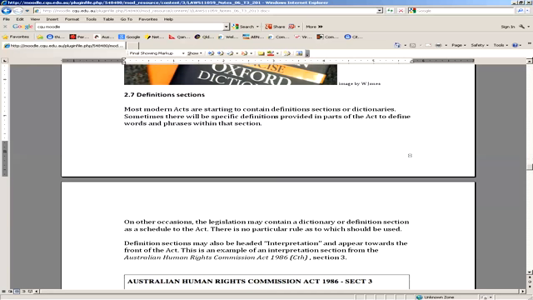And where you've got a clear definition, you're focusing on the specific rather than the general. An objects clause might be general, but definitions as to specific words are very specific.